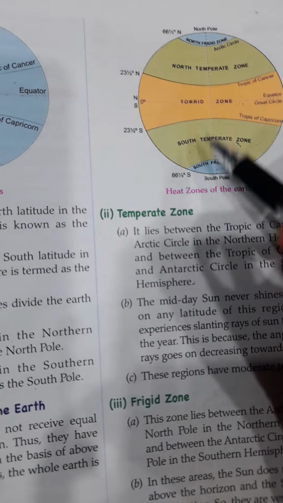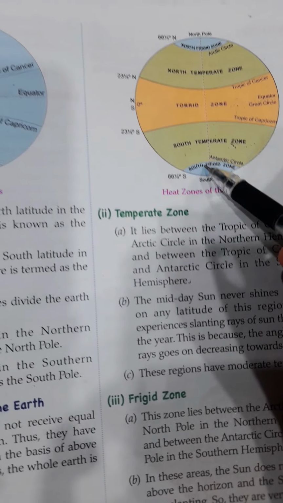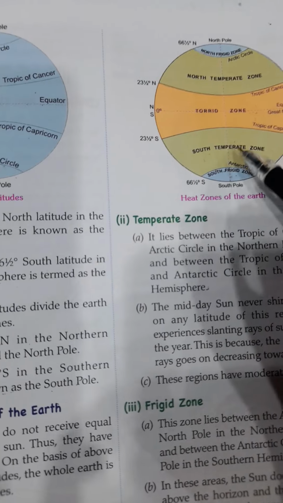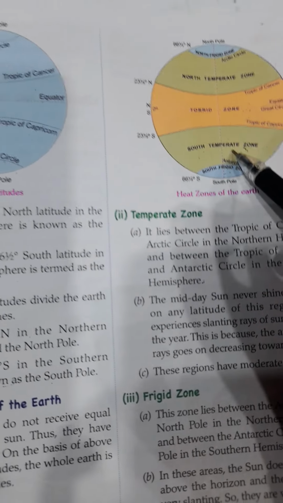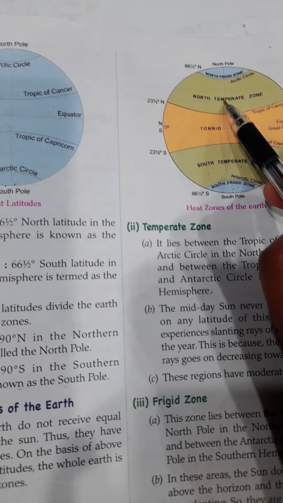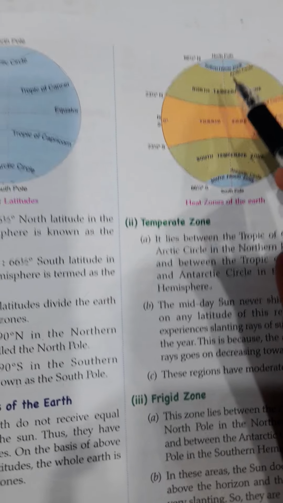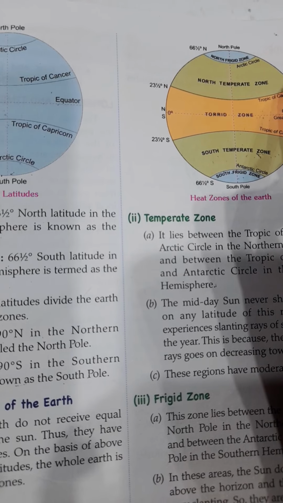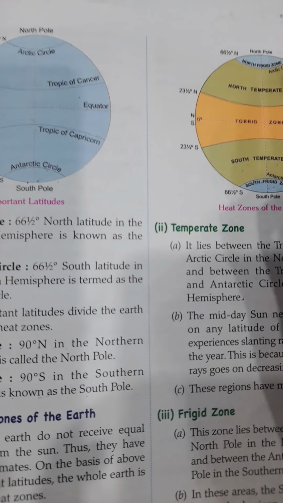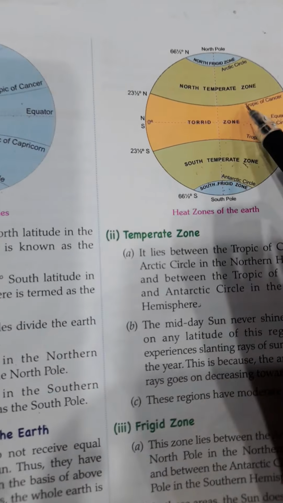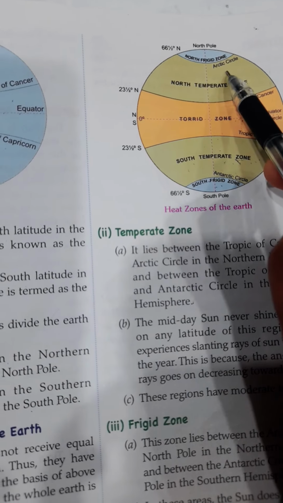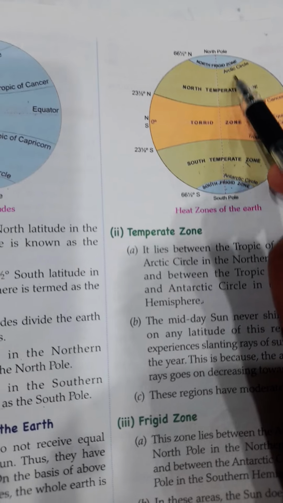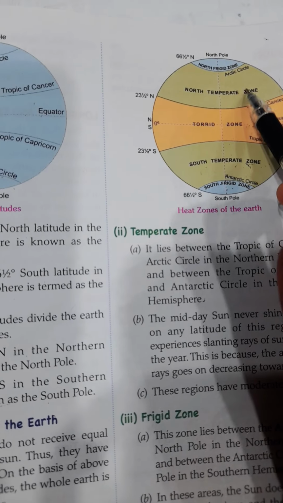There are 2 temperate zones, one in the northern hemisphere and the second in the southern hemisphere. The northern temperate zone lies between the Tropic of Cancer and Arctic Circle in the northern hemisphere. Clear?